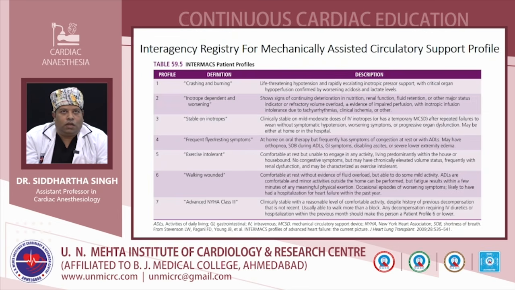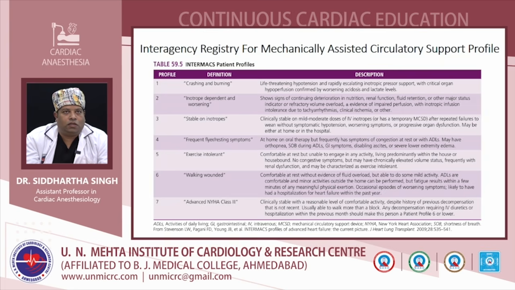So this is the Interagency Registry for Mechanically Assisted Circulatory Support profile, otherwise called the INTERMACS patient profile. This profile tells us whether starting mechanical circulatory support will be beneficial to the patient or the patient will deteriorate.